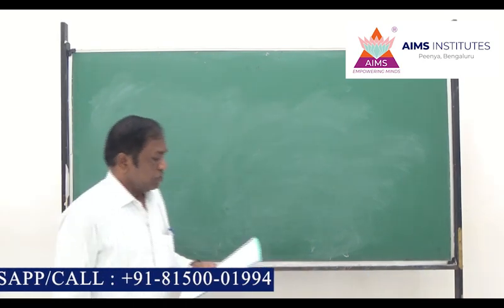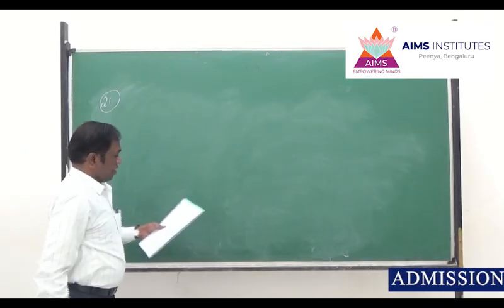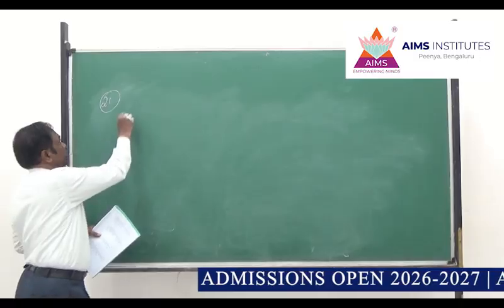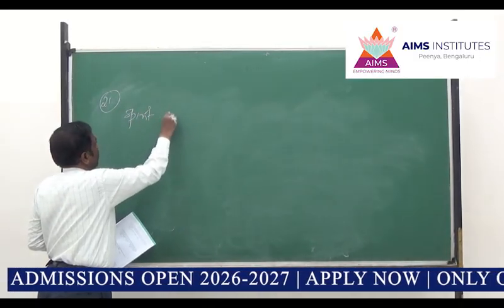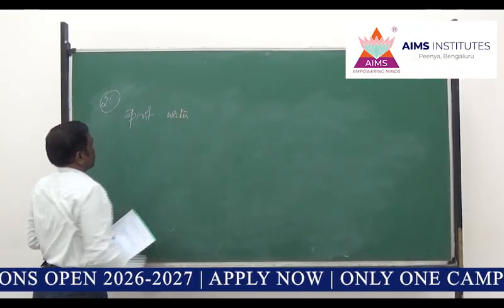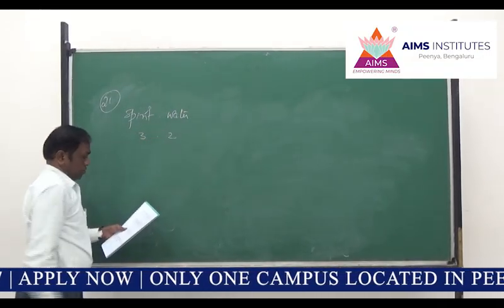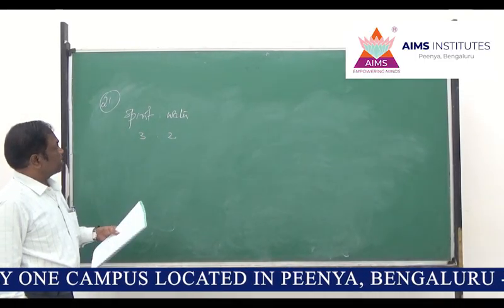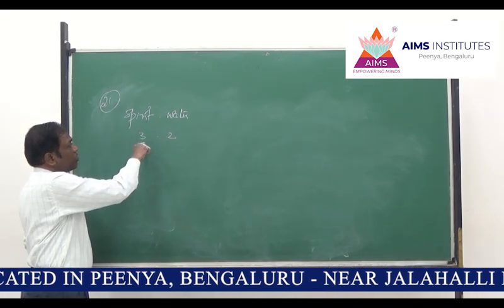Okay. Question number 21. A mixture contains spirit and water in the ratio 3:2. If it contains 3 liters more spirit than water, then the quantity of spirit in the mixture is? Spirit is 3 liters more than the water.